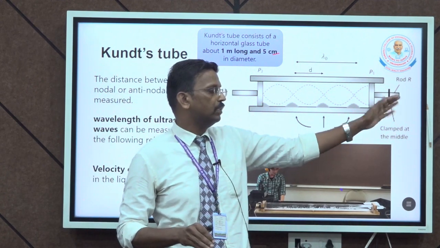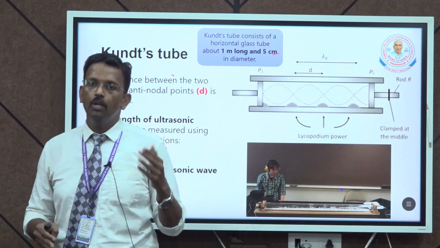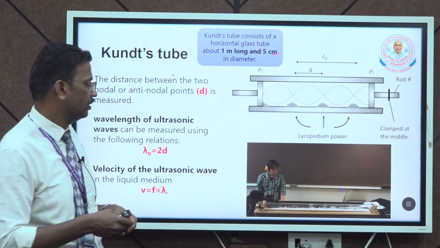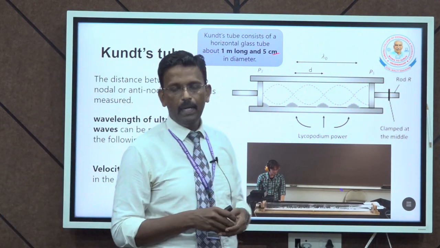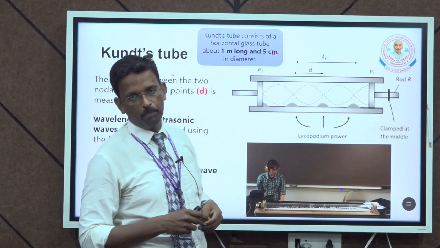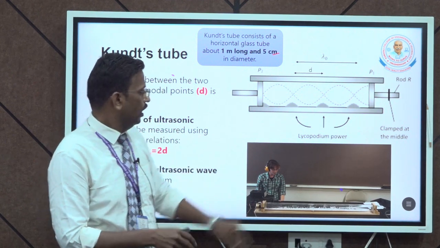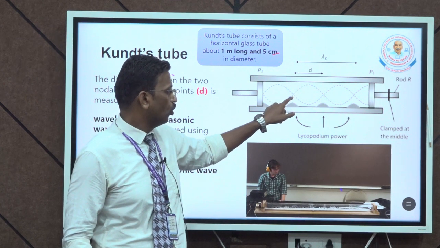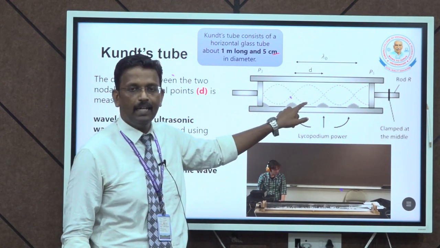So, the transmitted and reflected waves interfere, and we get a standing wave pattern. The standing wave pattern definitely consists of two different types of points, nodal and antinodal planes. In this case, we can see this is our nodal plane and this is our antinodal plane.